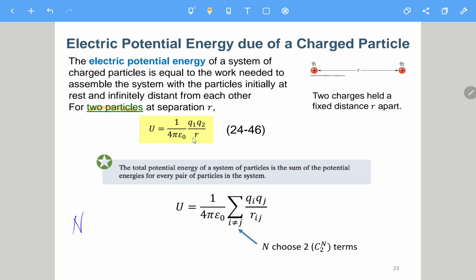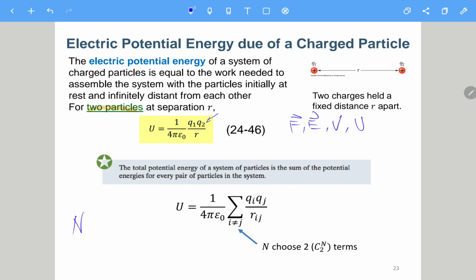Okay, so far we have 4 variables with a similar structure. Sometimes it's Q1 times Q2, sometimes it is only Q. Sometimes it is R, sometimes it is R squared. So far we have 4 variables: one is F, one is E, one is V, one is U. So there are 4 combinations.